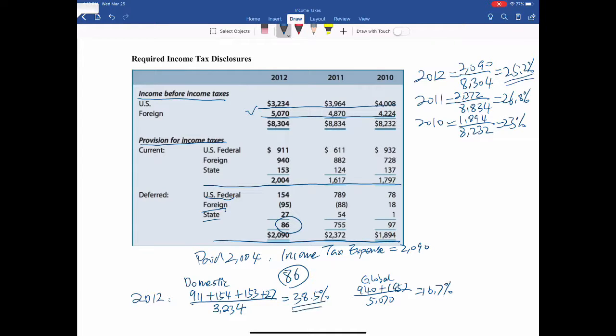Domestic is 38.5. International is 16.7%. The United States was well known for its high corporate tax. So that's why large US firms have foreign subsidiaries. And from this we learn this firm actually pays more tax in the States than in the foreign countries.